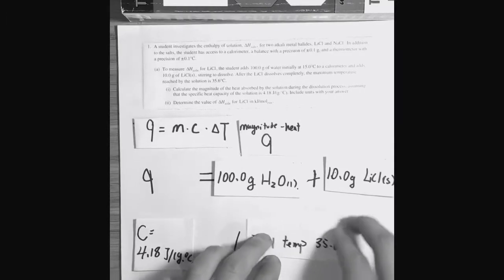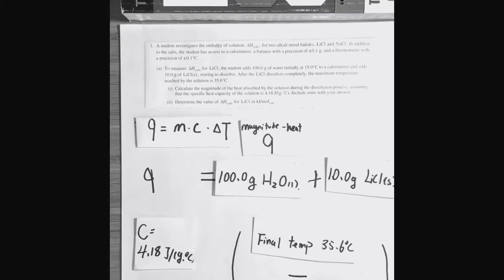And then the temperature, which is delta T. How we get delta T is we use the final temperature minus the initial temperature. And then we put those three values together and we get Q, which is 4,470 joules.